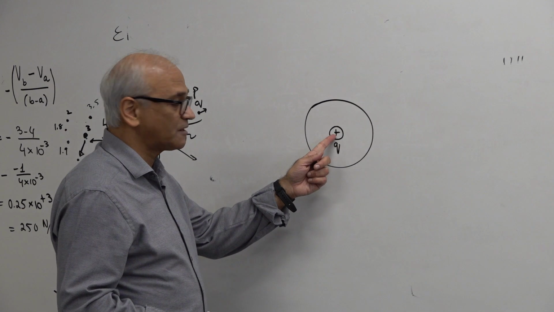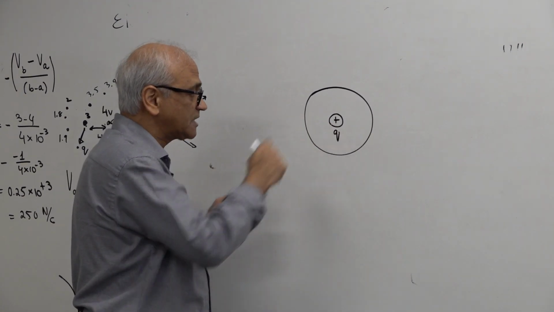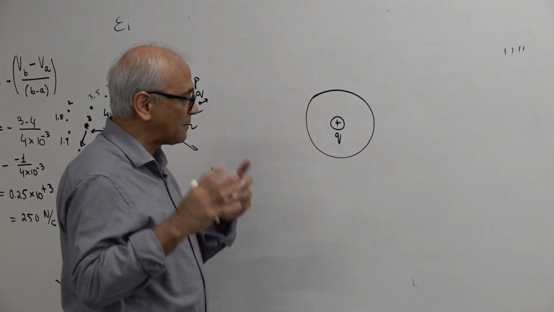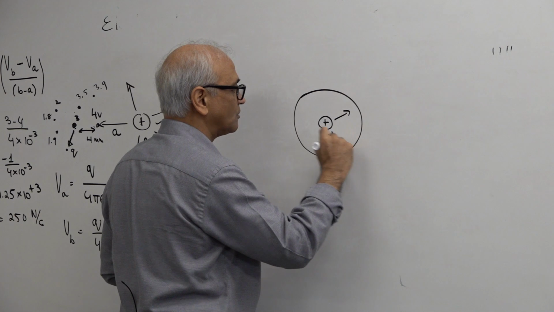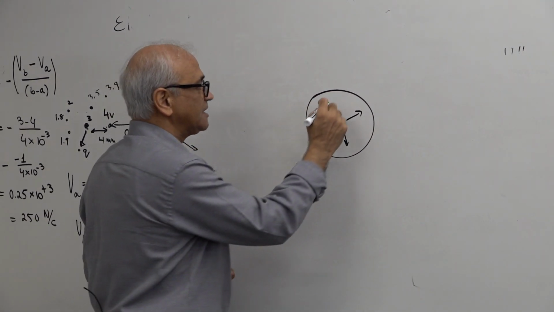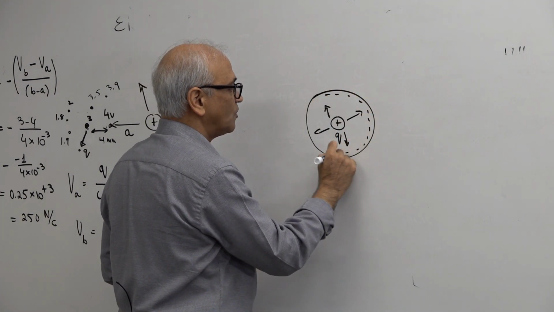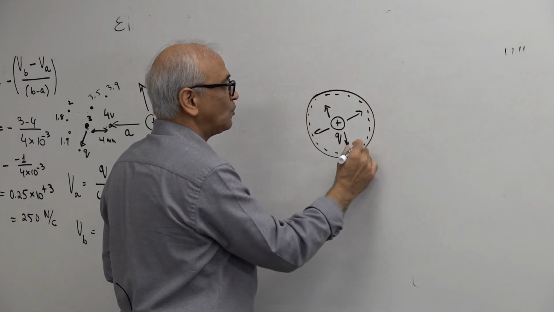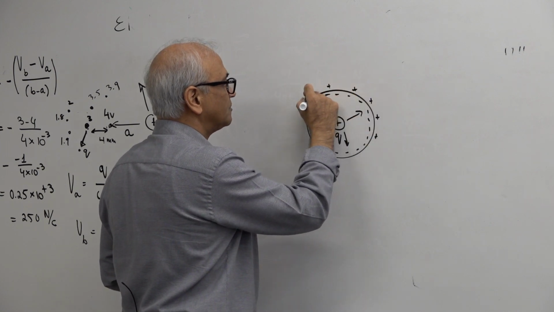I'm going to put charge over here. I'm going to connect a line from the battery to this point, and then this line would have electric field going out like this. And what will happen is that this induces, let's say, negative charge over here, okay, which will induce positive charge over here, right?